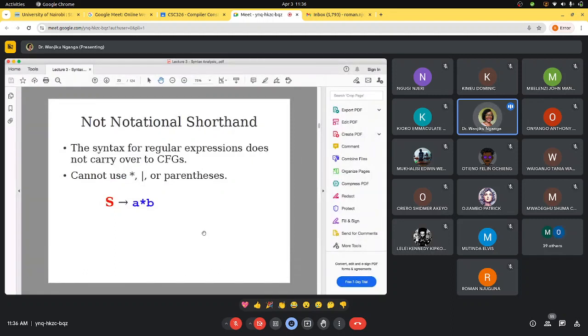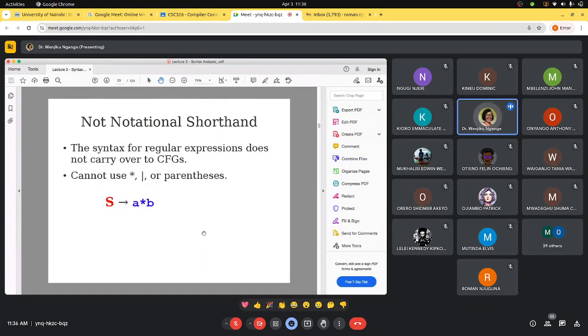Now, one thing we must remember is not to confuse the notation for regular expressions with the notation that we use for context-free grammars. For context-free grammars, we do not use the Kleene star operator. We do not use the either-or.